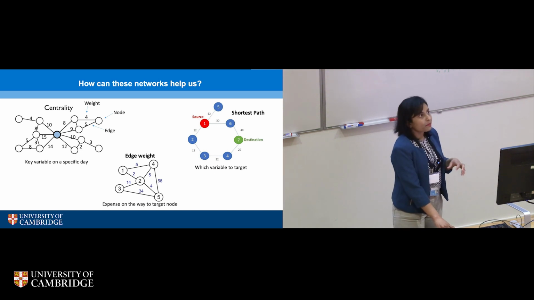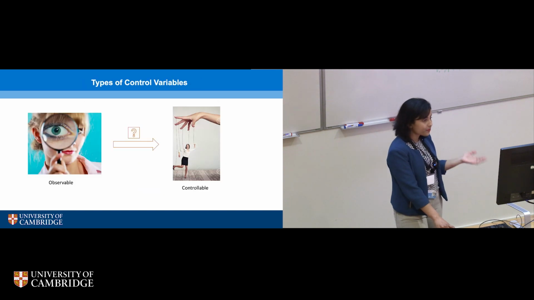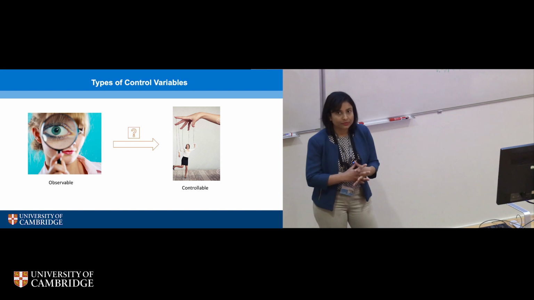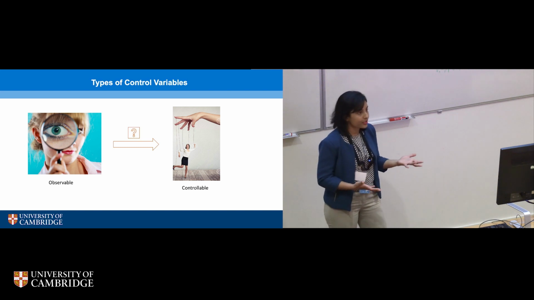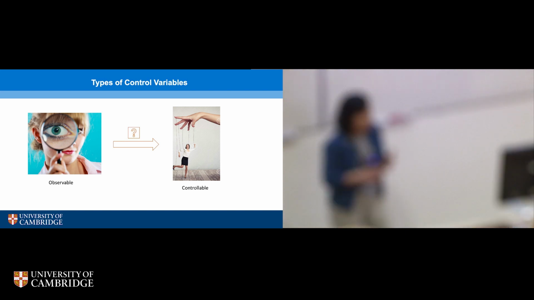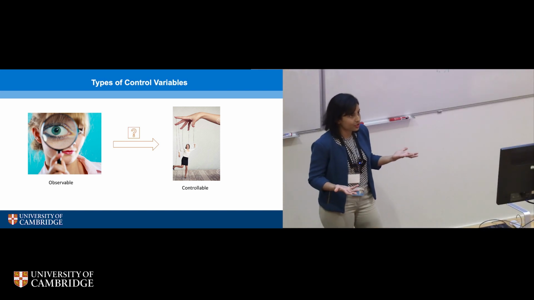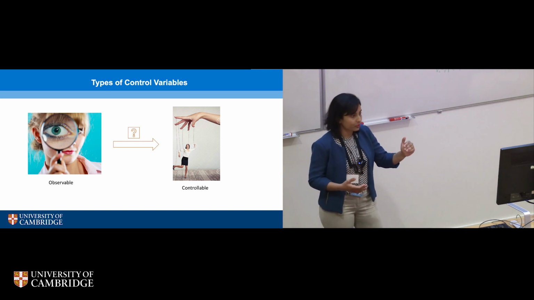One of the main reasons we needed these interactions was because of the two types of variables present in a bioreactor: observables and controllables. By observable, I mean we have readings for these variables, but you cannot really control them. For instance, ammonia and lactate are byproducts. If you want to reduce them, you cannot, because it's a fed-batch culture and there is no way of taking them out, which means they are just observable.